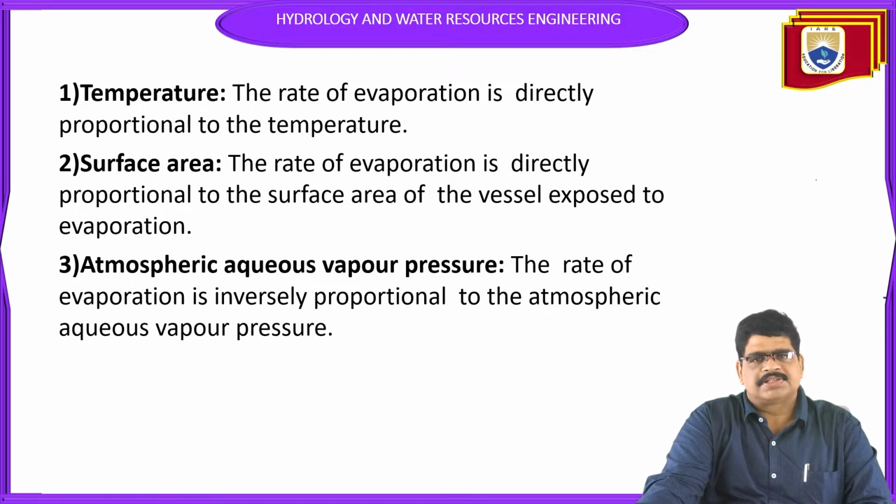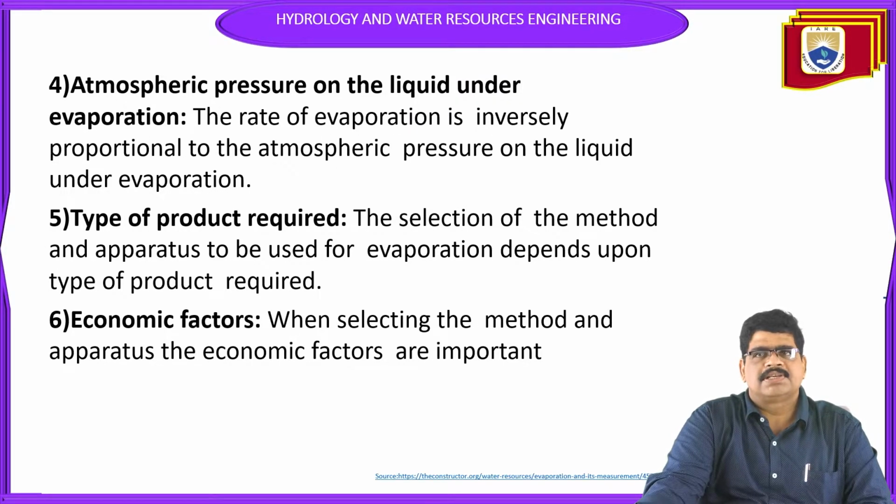Next, atmospheric pressure on the liquid under evaporation. The rate of evaporation is inversely proportional to the atmospheric pressure on the liquid under evaporation. Next, type of the product required. It means the selection of the method and apparatus to be used in evaporation depends upon the type of product required.